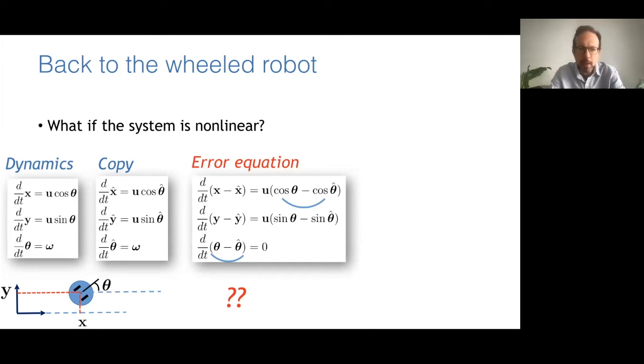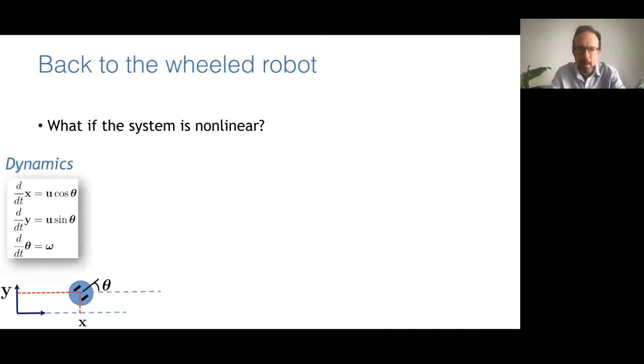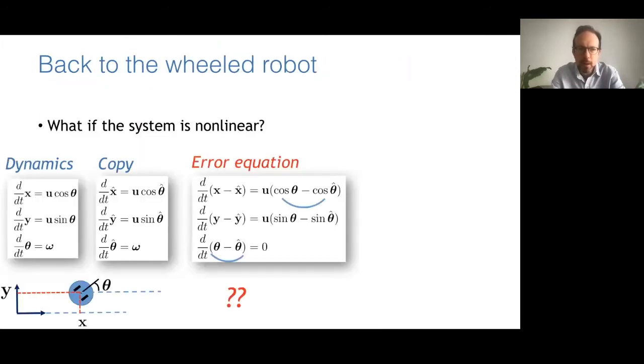So you see that if you compute the discrepancy between the position and its estimate and the angle theta and its estimate, then you have a problem, right? You don't have this distributive property anymore, since cosine and sine are nonlinear functions. So this is obviously not a function of theta minus theta hat.